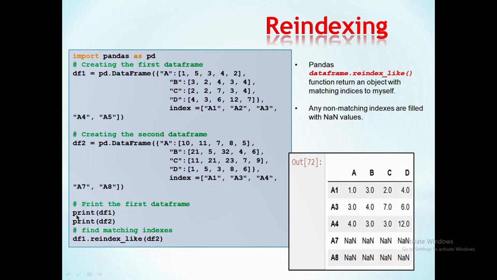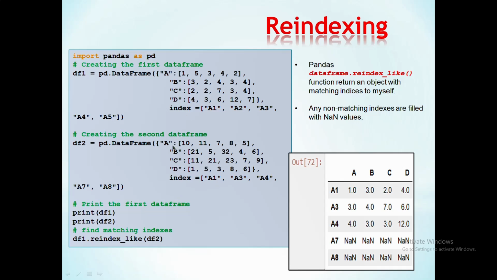If I want to re-index the values, I have to use df1.reindex_like(df2). Automatically the values here will be re-indexed.